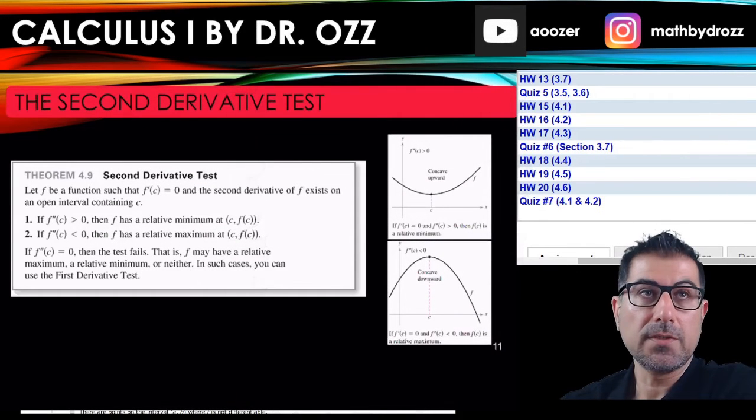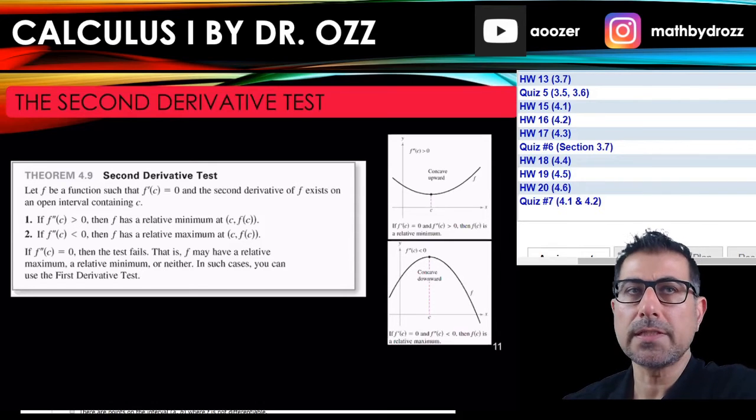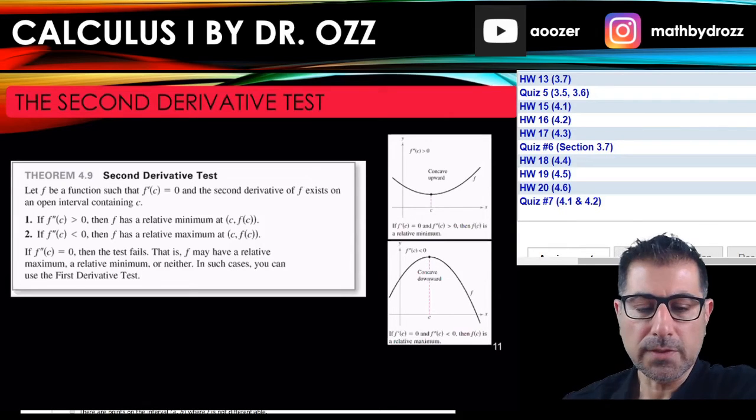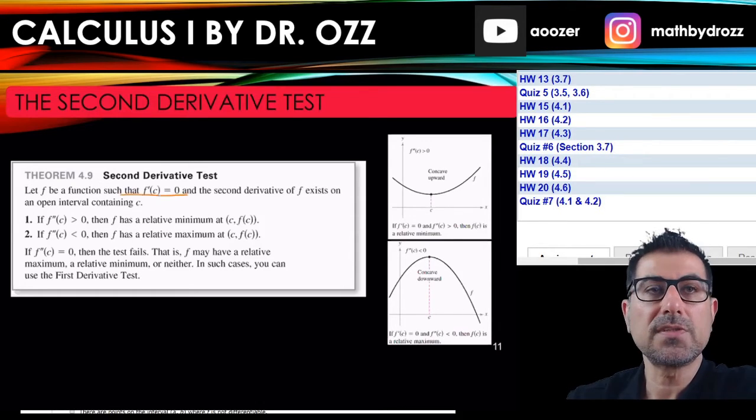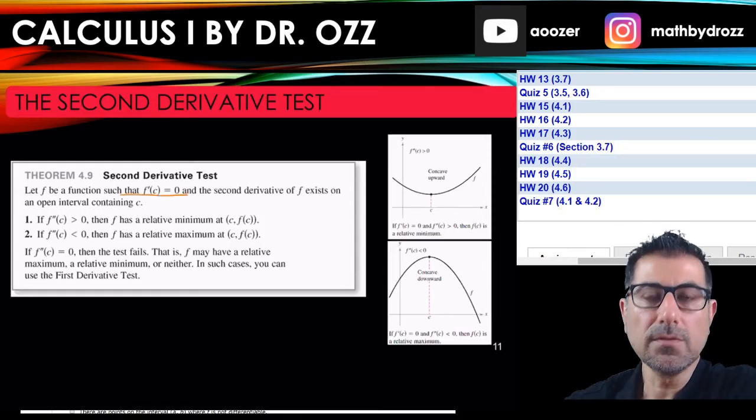All right, so we covered the first derivative test earlier, and we were using f prime to determine relative extrema. There's an alternate way of pinpointing relative extrema. It's called a second derivative test. So we still use the tools of critical points, obviously, on this, because here our assumption is that f prime of c is equal to 0, and we want the second derivative to exist on the open interval containing c to get to that conclusion.